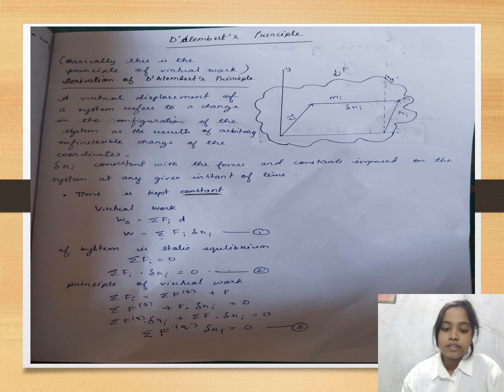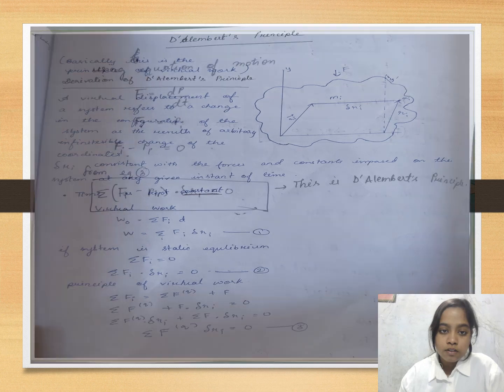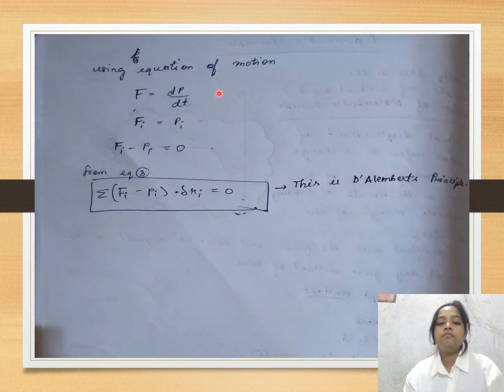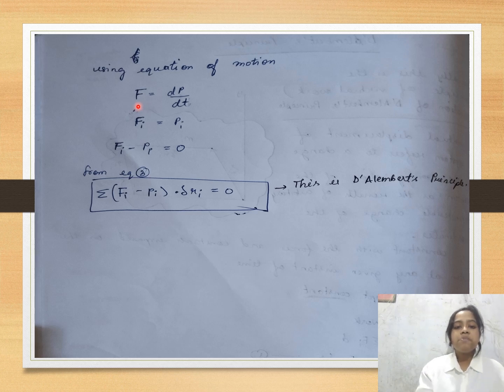It's mainly the equation part. Now, using the equation of motion, we can say F equals dp by dt, where we can consider p as momentum, which is mass into velocity.